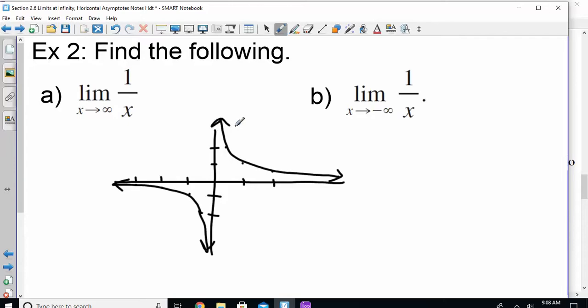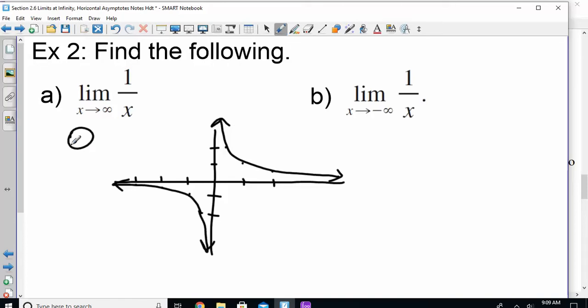So from this, my limit as x goes to infinity would be what? My x is going forever in the positive direction. Your limit is asking what your y is getting close to. 0. The limit as x approaches negative infinity.